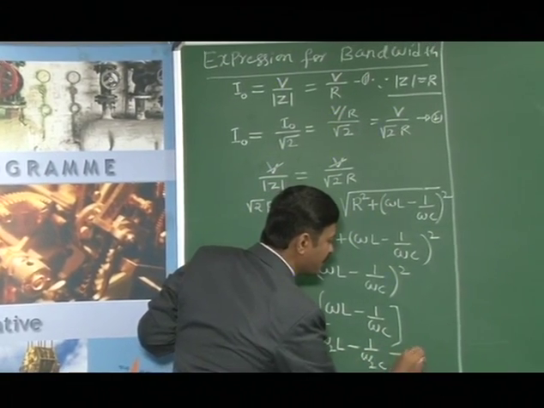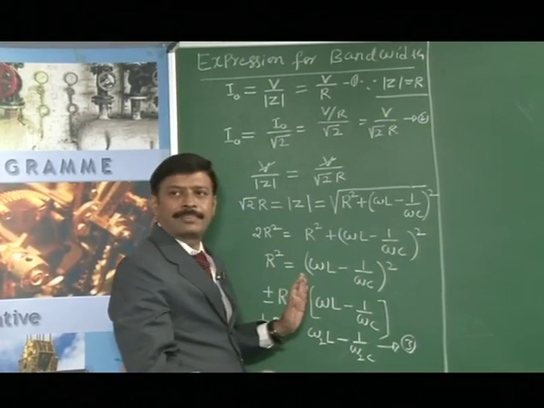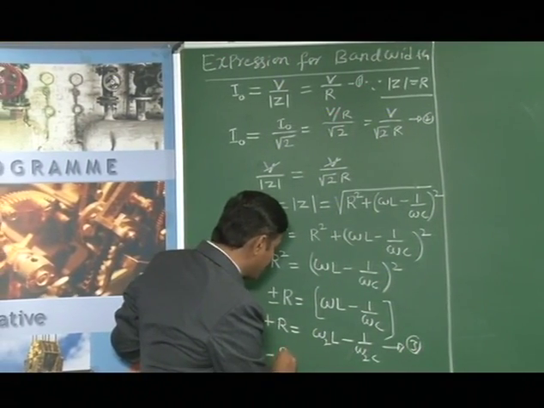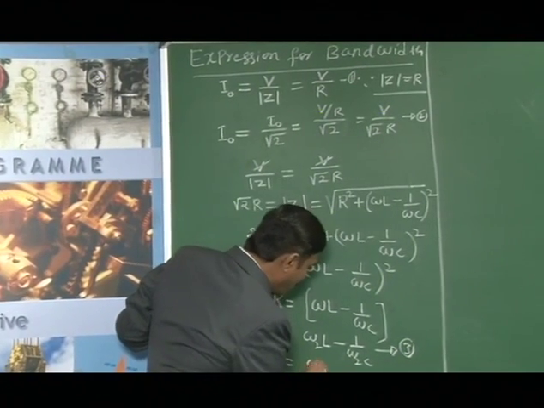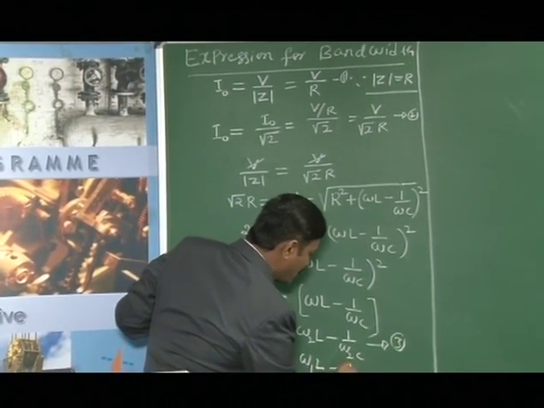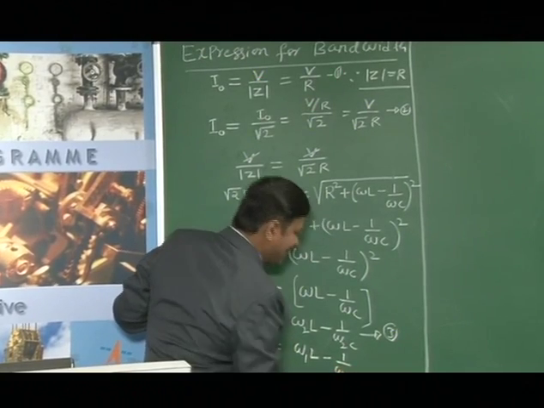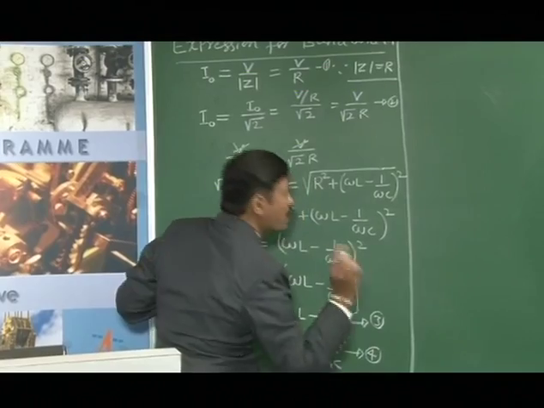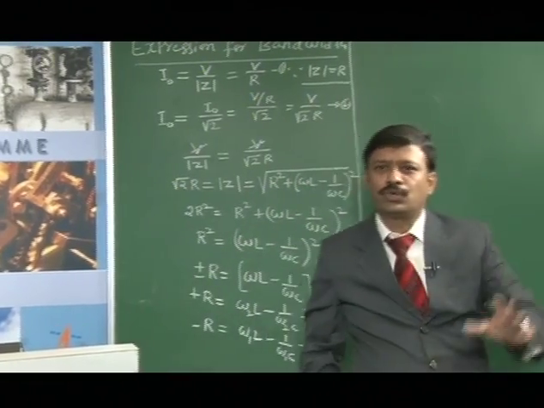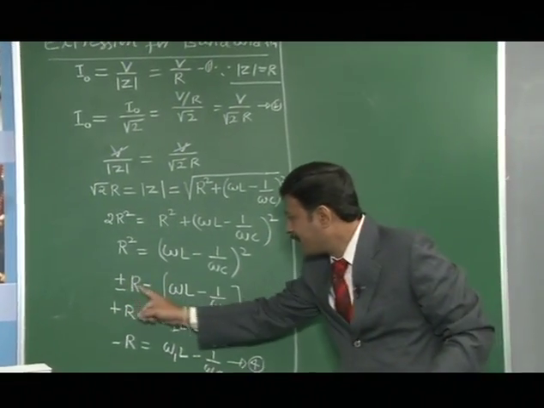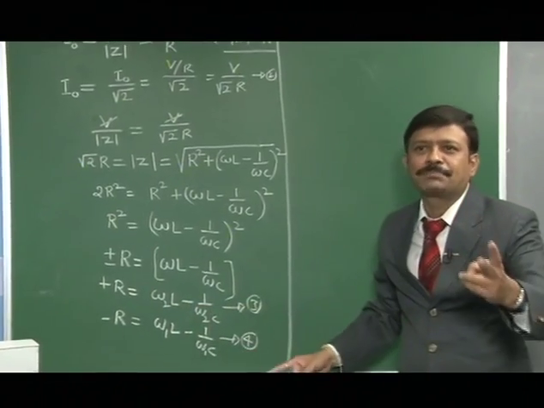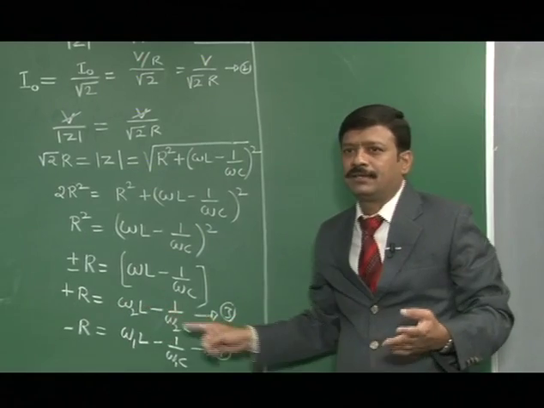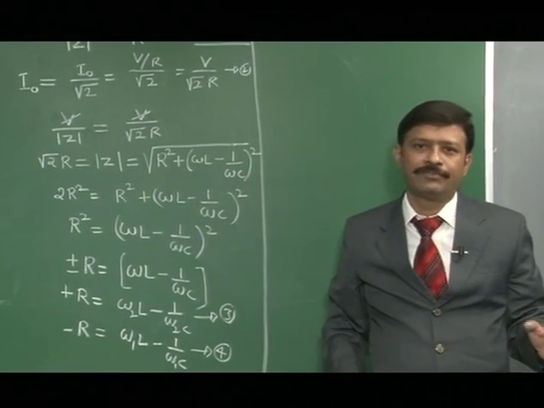Call this equation number 3. Similarly, the minus R expression is omega 1L minus 1 by omega 1C. This you call equation number 4. So, with this plus or minus R, I have formed two expressions, one for the higher cutoff frequency and another for the lower cutoff frequency.